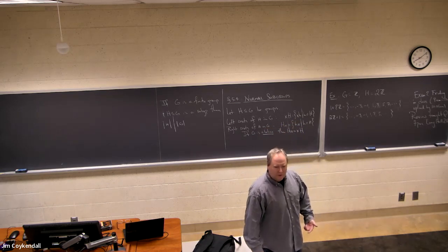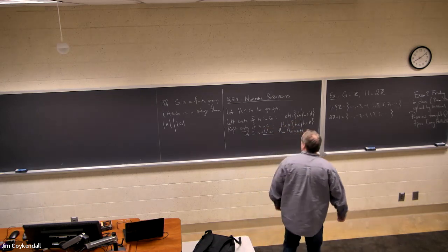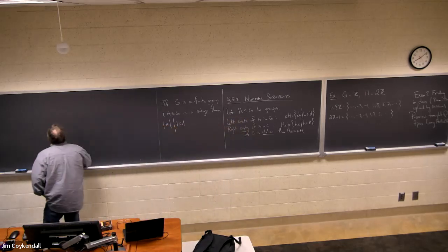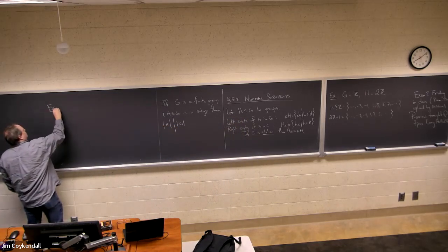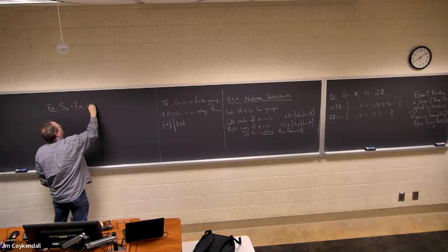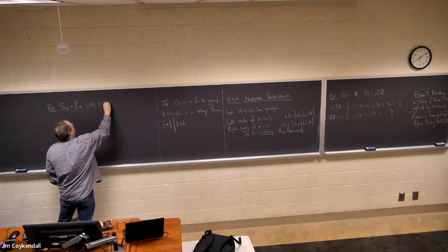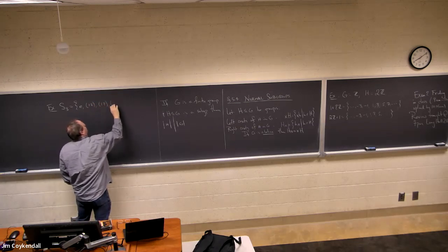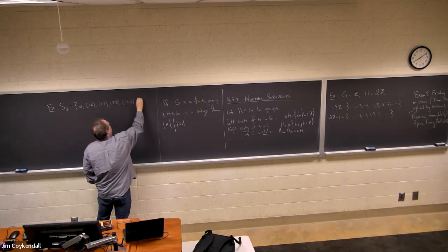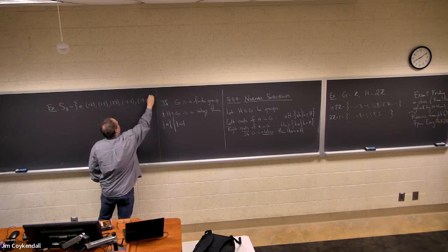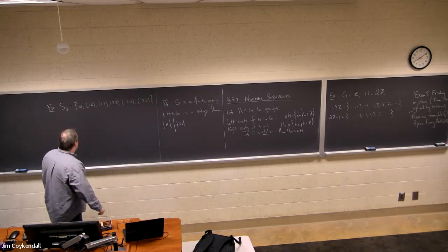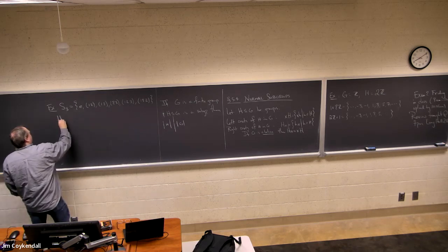But it may make a difference if the group is not abelian. So here is an example to illustrate this. Let's go back to my old friend S3. Now I'm going to look at a couple of subgroups here in left and right cosets.